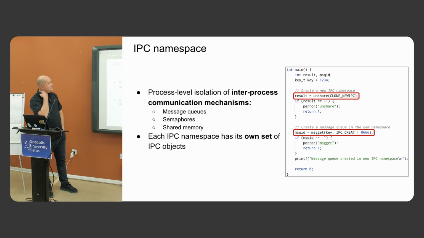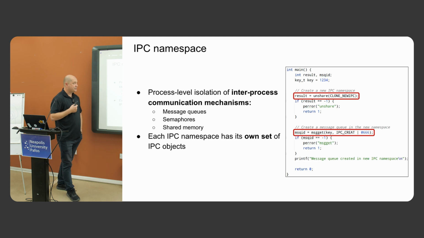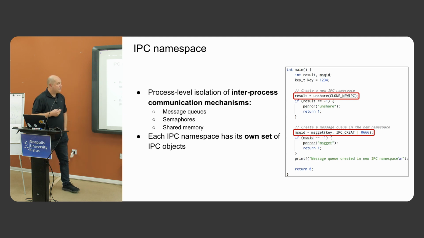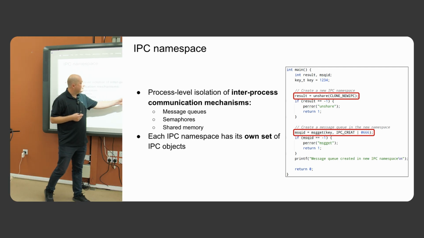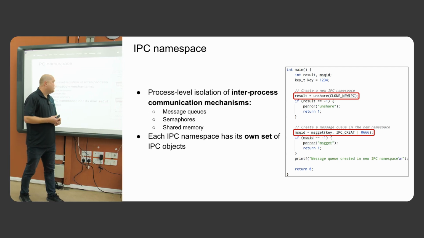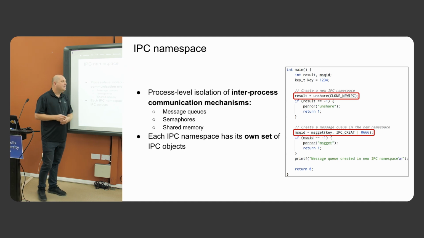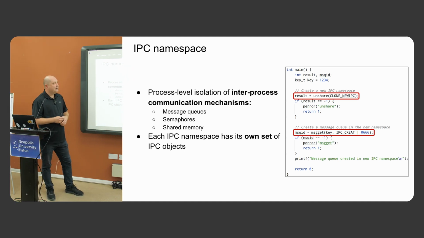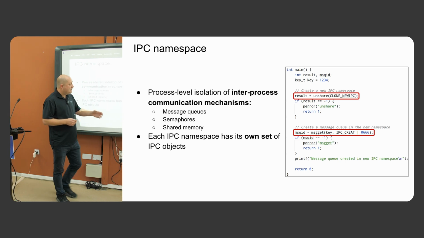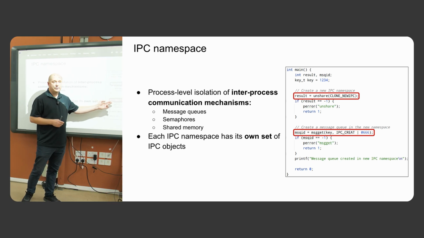Okay, IPC namespace. IPC namespace is related to some IPC resources. IPC means inter-process communication. So we can easily create a new namespace by using unshare. And for instance, we can create a message queue.